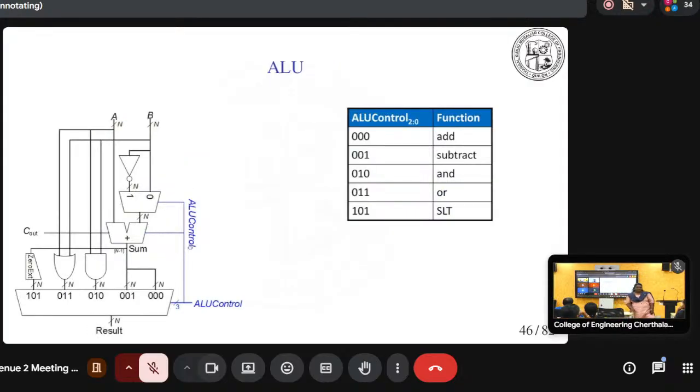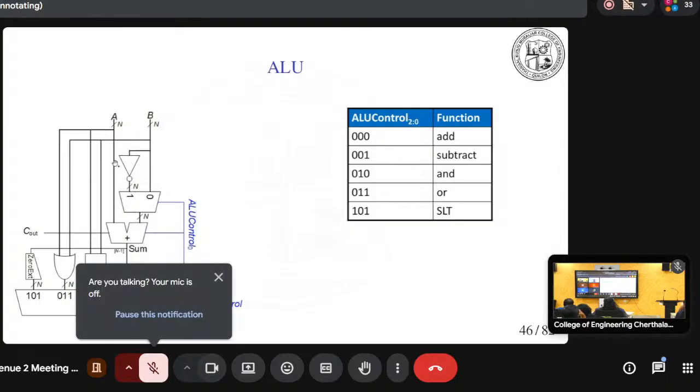For example, the ALU architecture. Here I have taken only 5 operations. I have an add operation, I have a subtract operation, so I have an adder. And to do the subtraction, I need to do the two's complement addition.